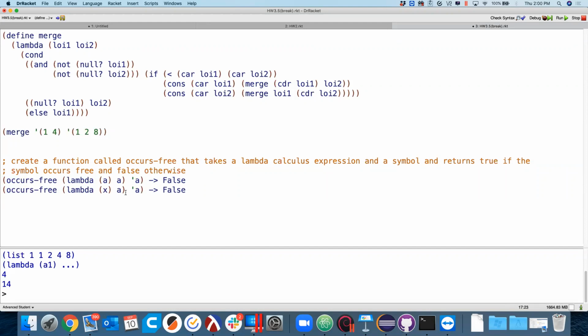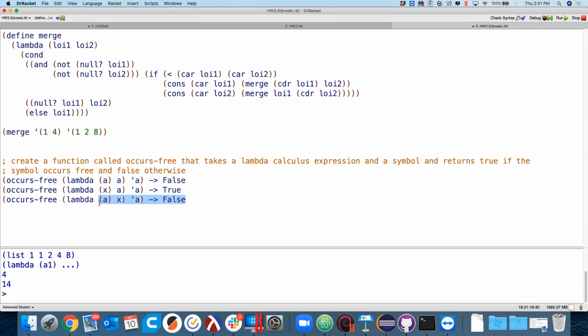Similarly, lambda X A, A occurs, but it occurs free. So this is true. Similarly, A doesn't even occur. Therefore, it doesn't occur free.